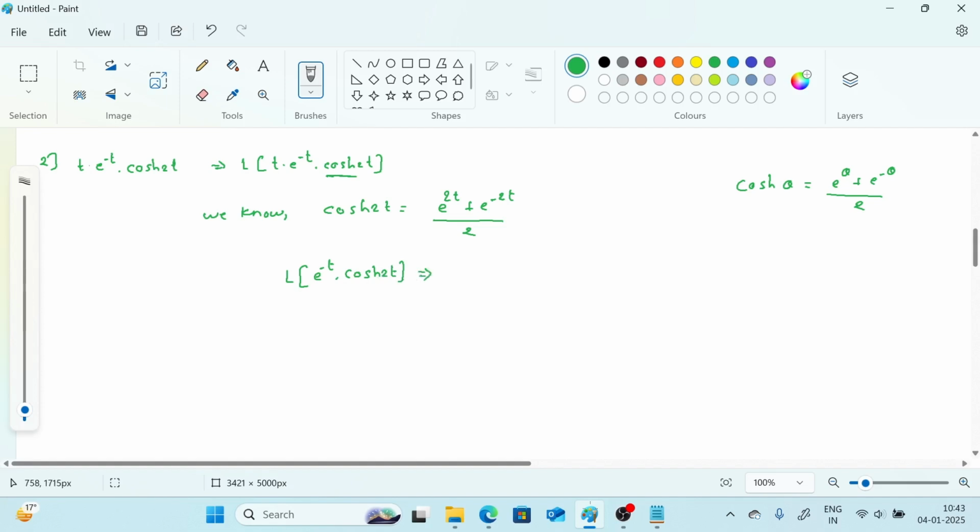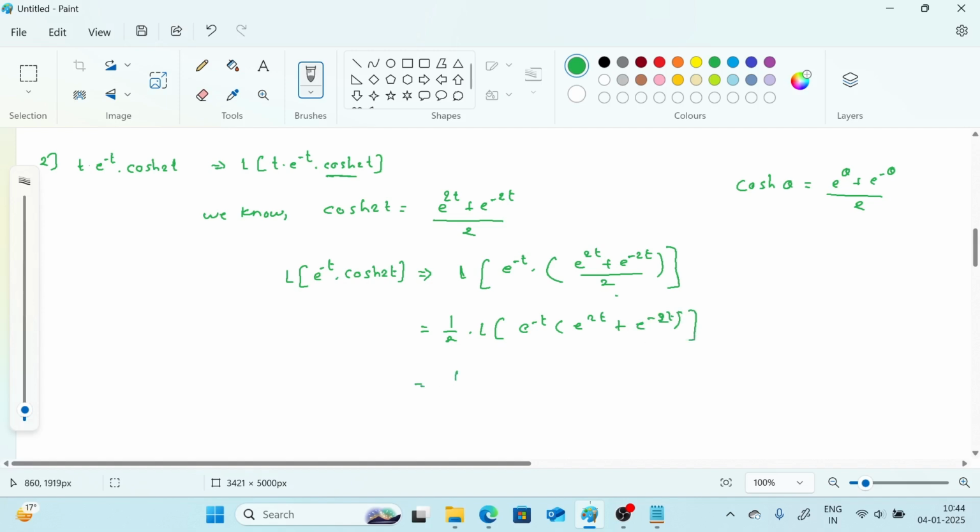So what I will get here, Laplace of e raised to minus t into e raised to 2t plus e raised to minus 2t upon 2, right? I will take 1 by 2 outside because it's a constant. Laplace of e raised to minus t e raised to 2t plus e raised to minus 2t, right?